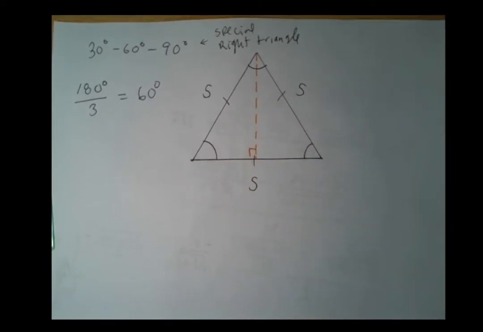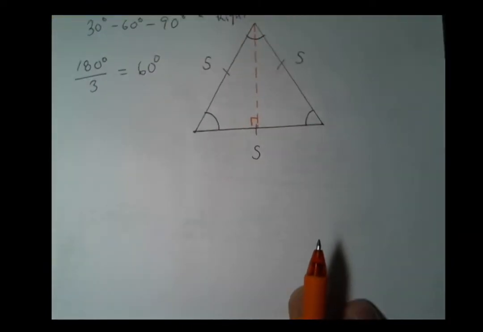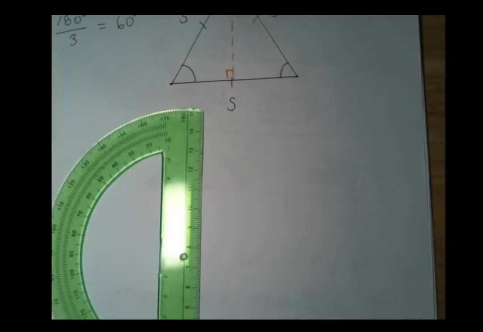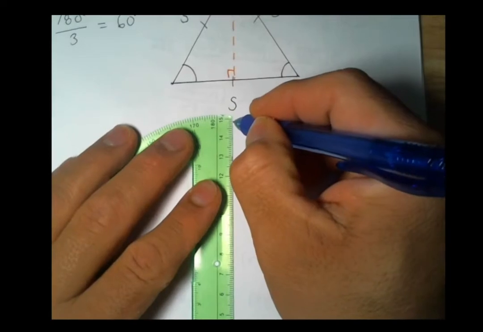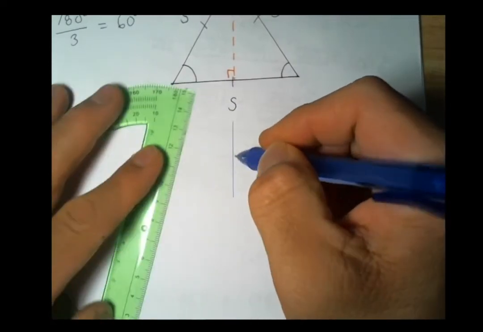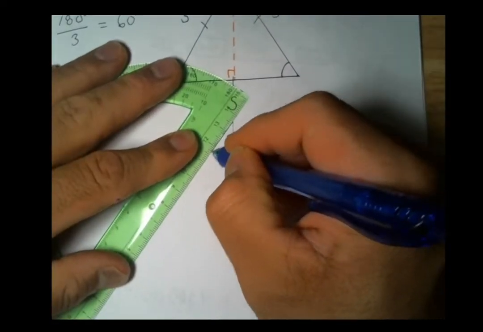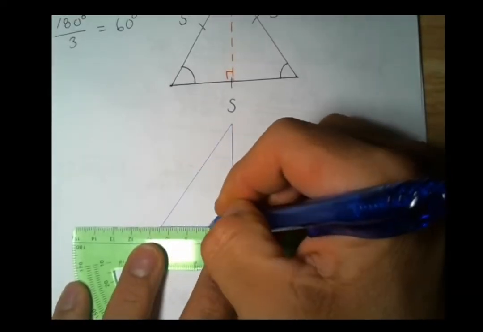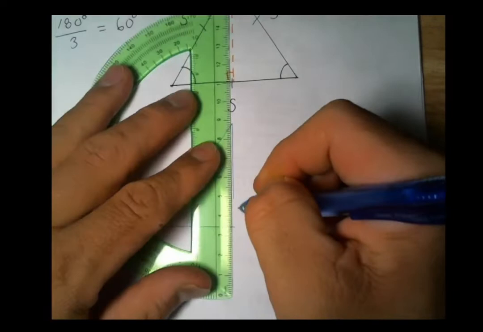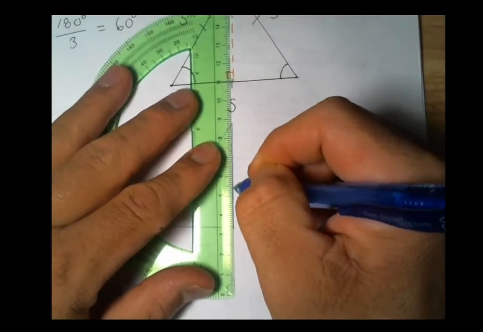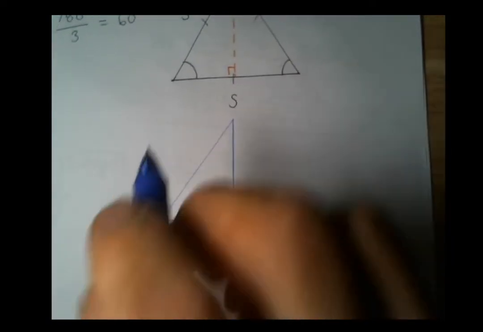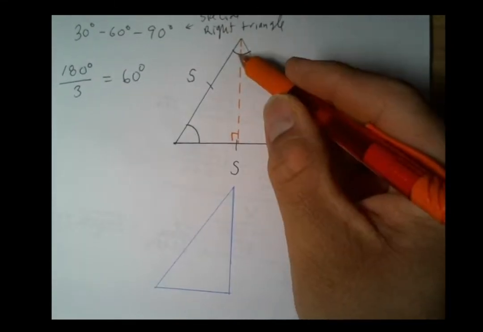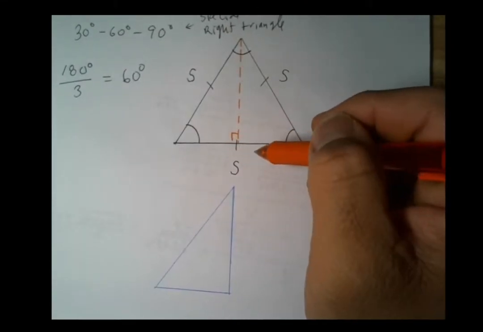So I'm going to redraw half of this equilateral triangle here. Now, a couple things. This angle bisector also bisects this side.